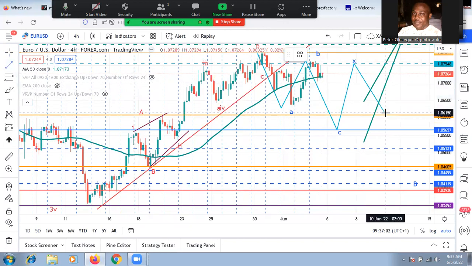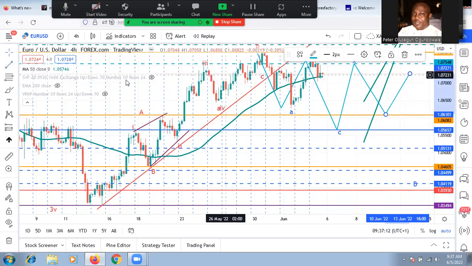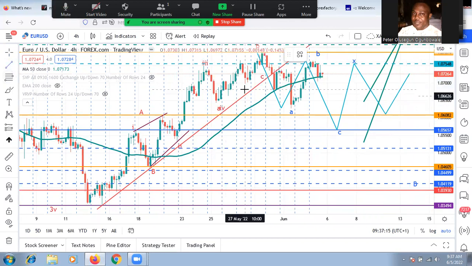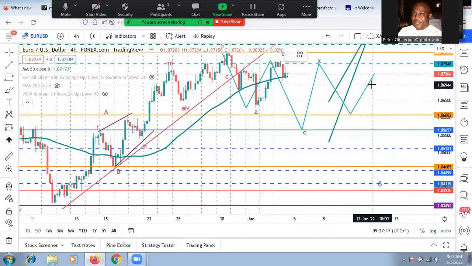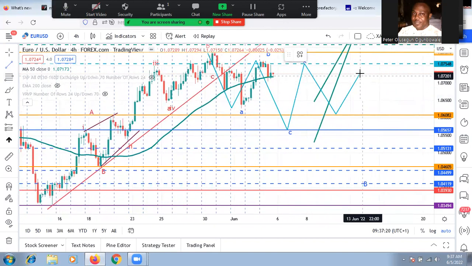So we cannot rule out another leg like that, another leg to come down like this.